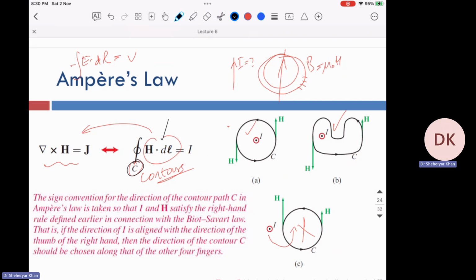Let's say if you have a current coil here, the magnetic field cannot be produced outside it. It should always be like this. Therefore, this case is acceptable, this case is acceptable, but this is not acceptable because the current is outside the contour, which is not possible. Okay.